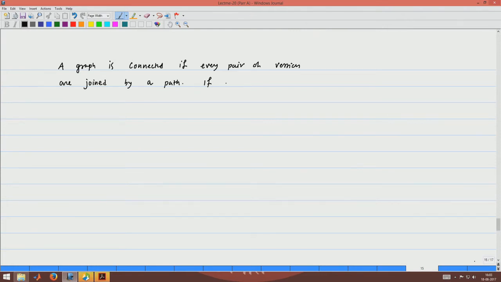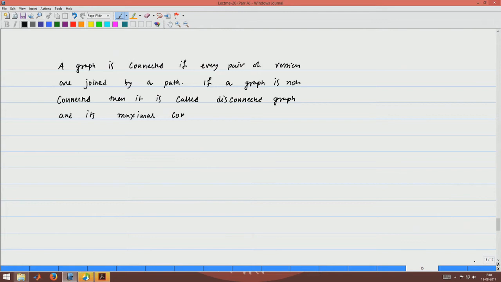If a graph is not connected, then it is called a disconnected graph, and its maximal connected subgraphs are called components.